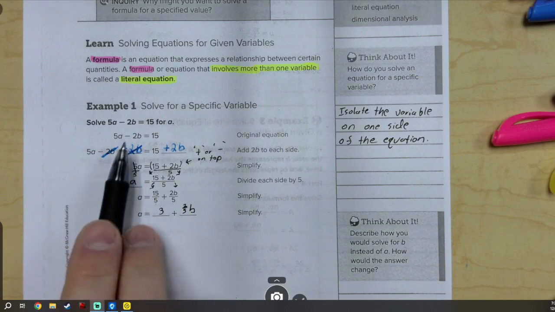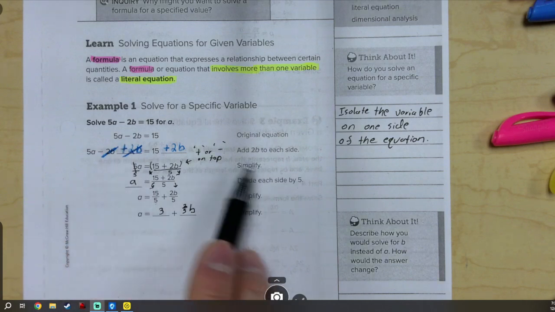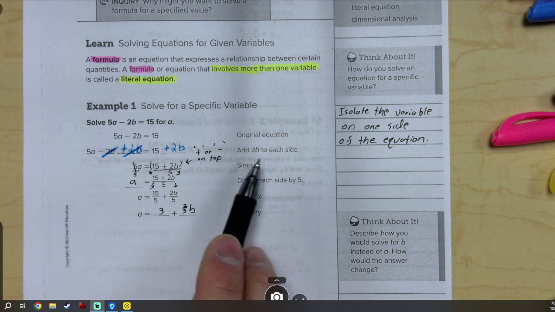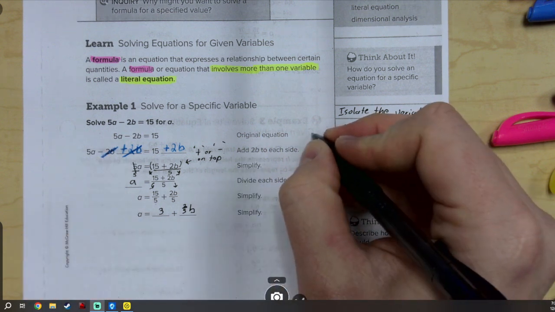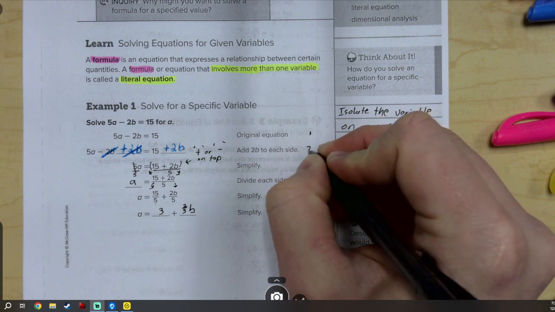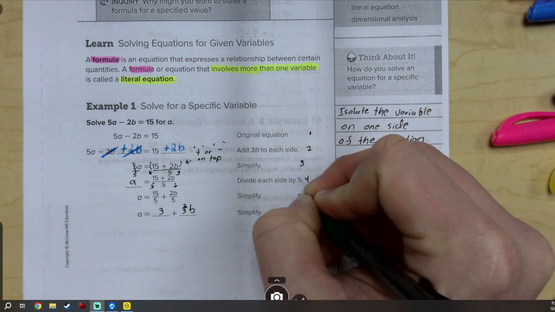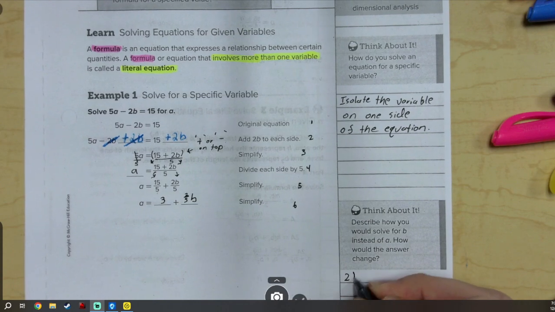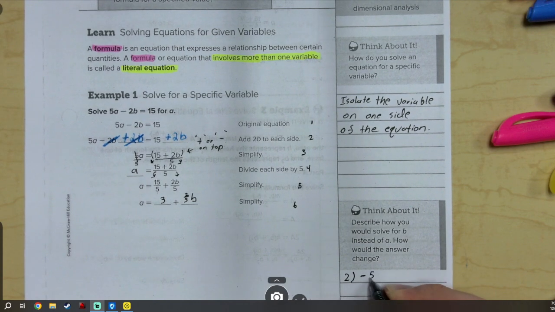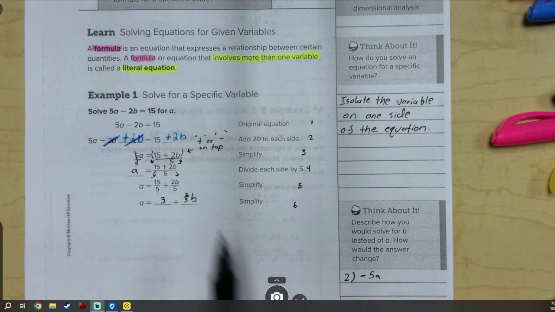Well, if we were to solve for b instead of a, instead of adding 2b, I would be subtracting. So if we put these into steps, step 1, 2, 3, 4, 5, and 6. My new step 2 would be to minus 5a from both sides.